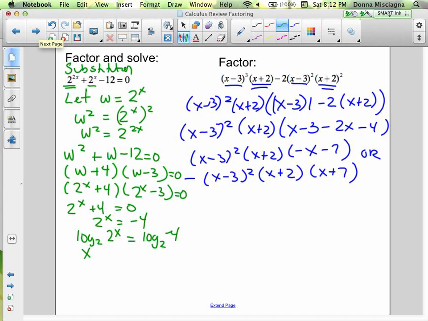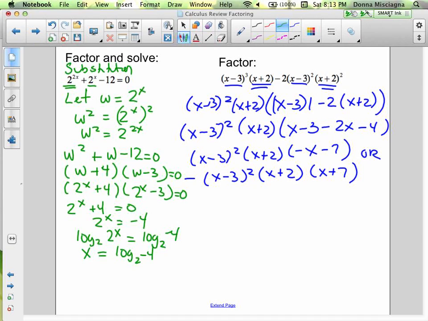So this is just x equals log base 2 of negative 4. What would we have to raise 2 to, to get a negative? Not possible, right? You can't take the log of a negative number. So this one is not a solution. That one just does not work.